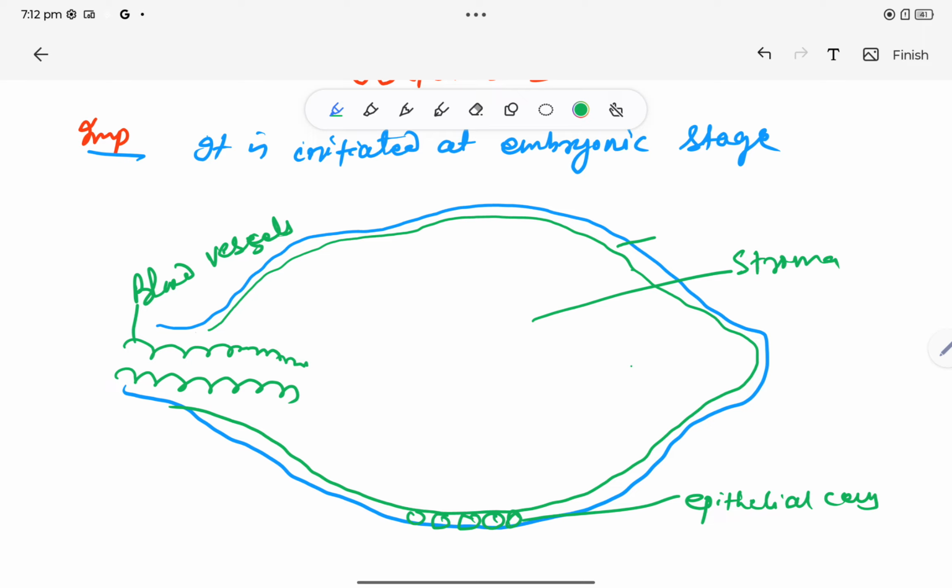Now this stroma is differentiated into two parts. The central part is the medulla and the peripheral part is the cortex.